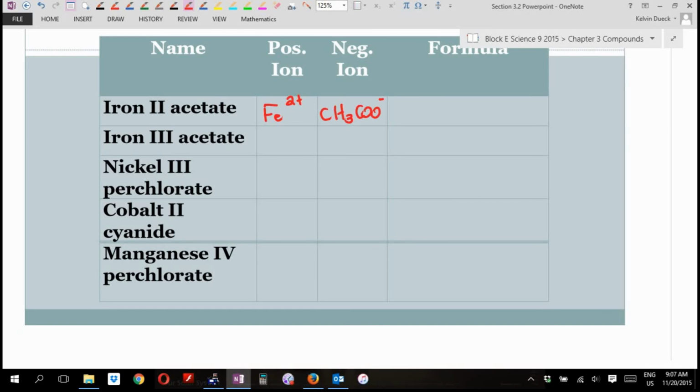Because it's organic, it's traditional to write the carbon at the beginning, then the hydrogens, and then the COO is a polyatomic ion that bonded with it, so they kept it separate. If you were like a chemistry nerd, that actually tells you what the molecule looks like.